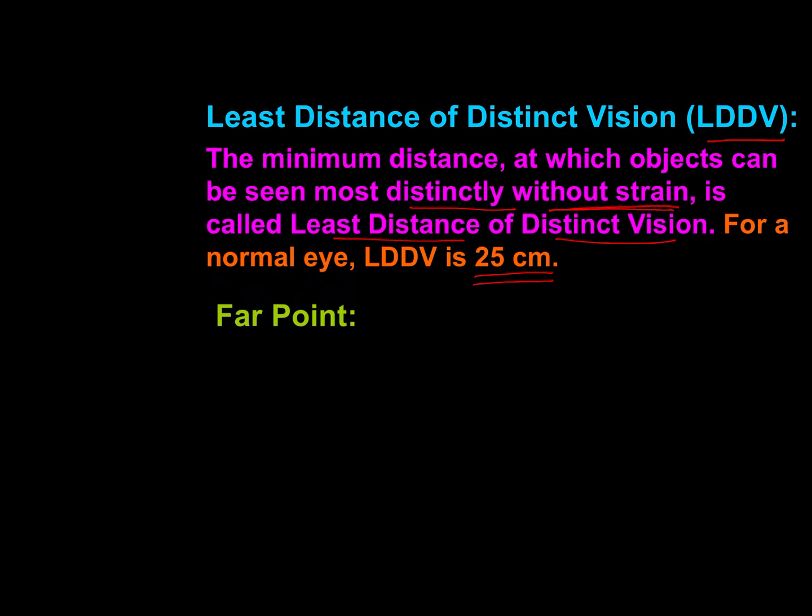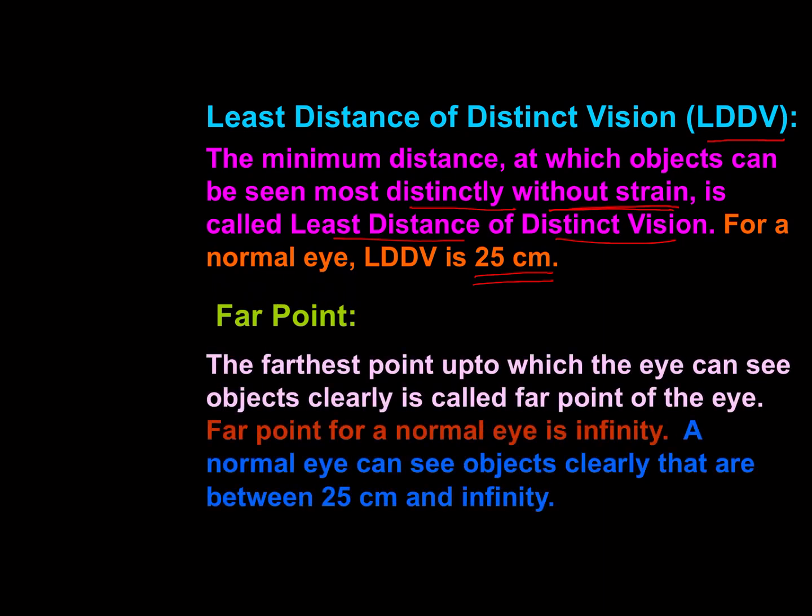Now, far point. What is the far point? It is the farthest point up to which the eye can see objects clearly. For a normal eye, the far point is infinity. A normal eye can see objects clearly that are between 25 centimeters and infinity. So this is the range of our eyesight.